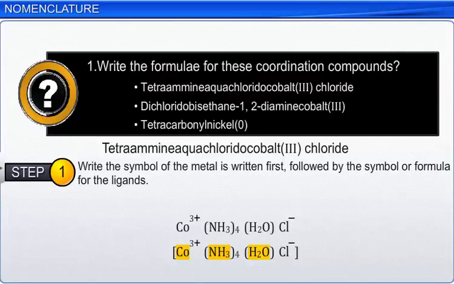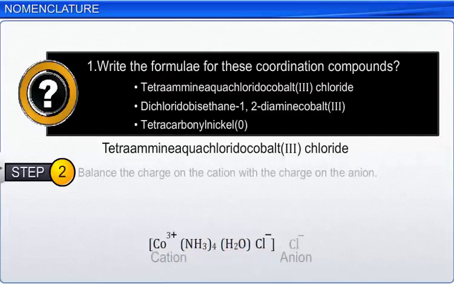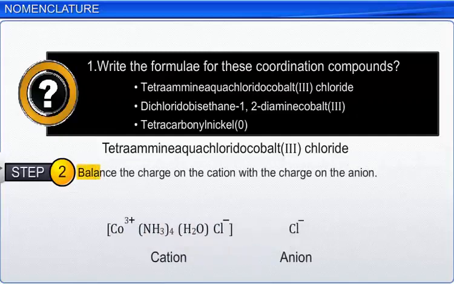The next task is to balance the charge on the cation with the charge on the anion. Since amine and aqua ligands are neutral, and there is only one chloride ligand inside the coordination sphere, the charge on the complex ion is +2.